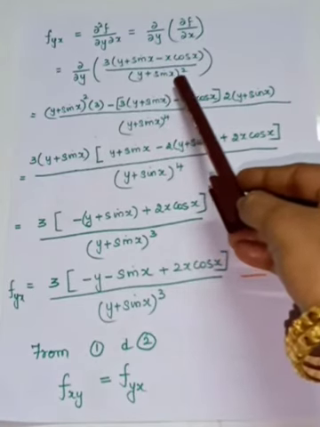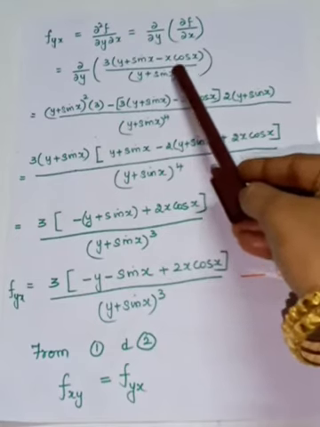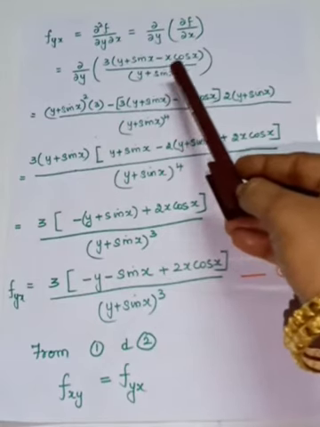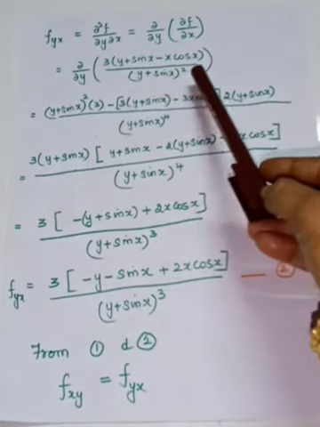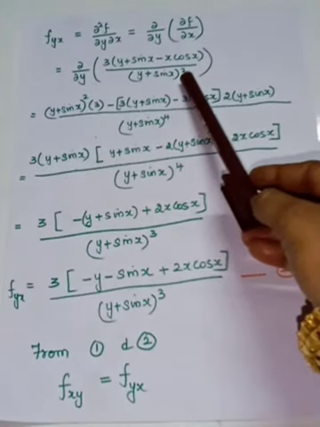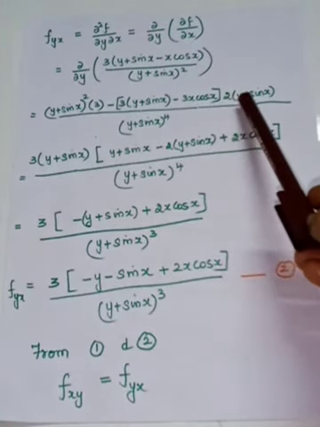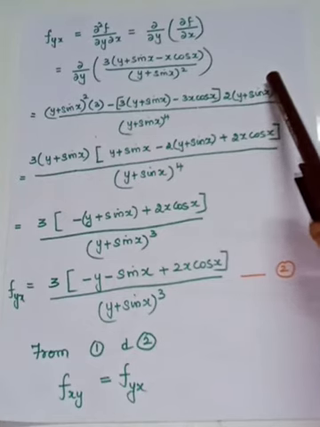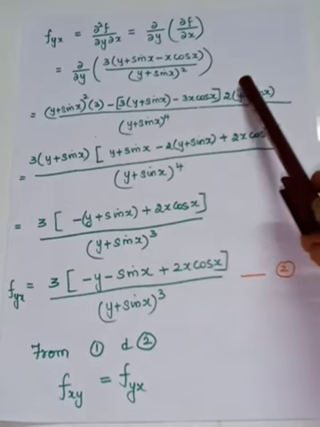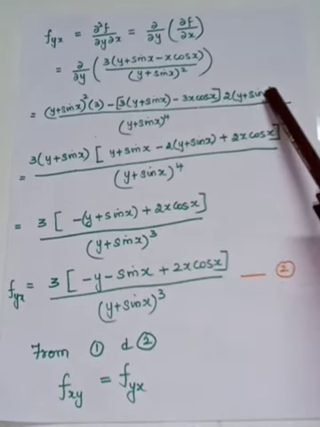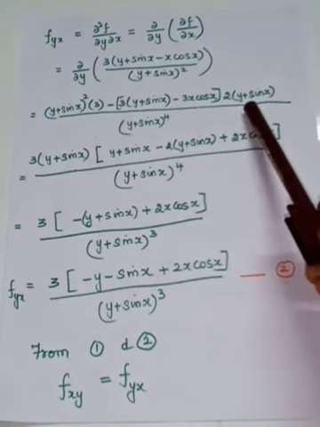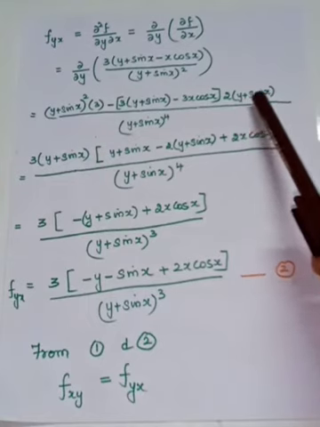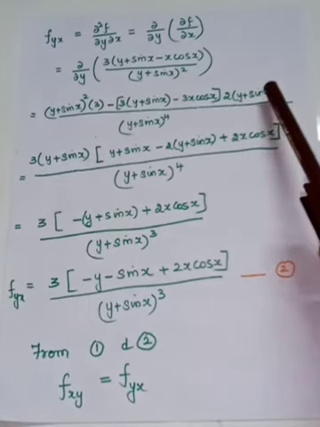In the chain rule, first you have to go for the power rule, that is xⁿ means n xⁿ⁻¹. Here your power is 2. So 2 into (y + sin x) to the power 2 minus 1, that is 1. After that, according to the chain rule, this has to be differentiated partially with respect to y. So the differentiation of y is 1 and the differentiation of sin x is 0.